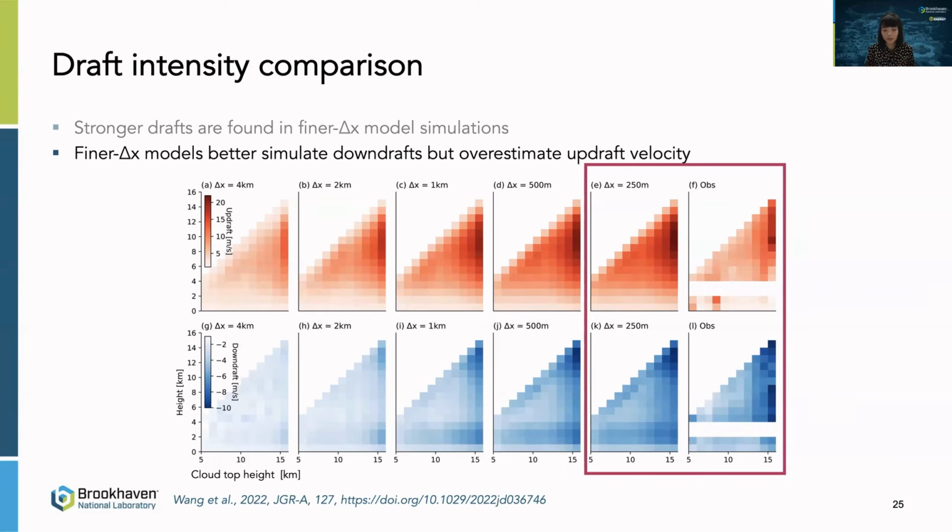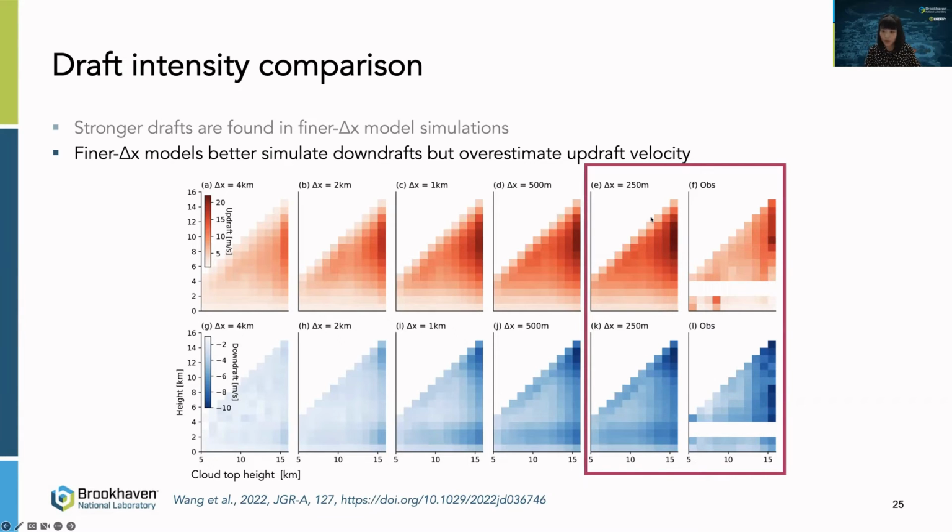This has been discussed in many previous studies already, and partially it's because we don't handle the entrainment very well in these models. In terms of the downdrafts, you do see an improvement, and we get closer to the observations. One of the reasons could be related to the compensating effect from these overestimated updrafts.